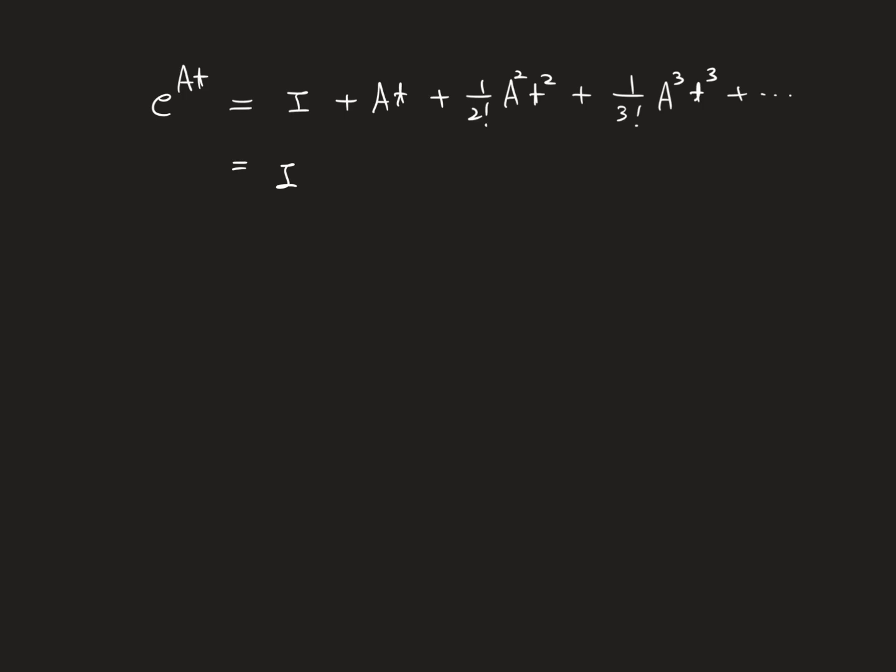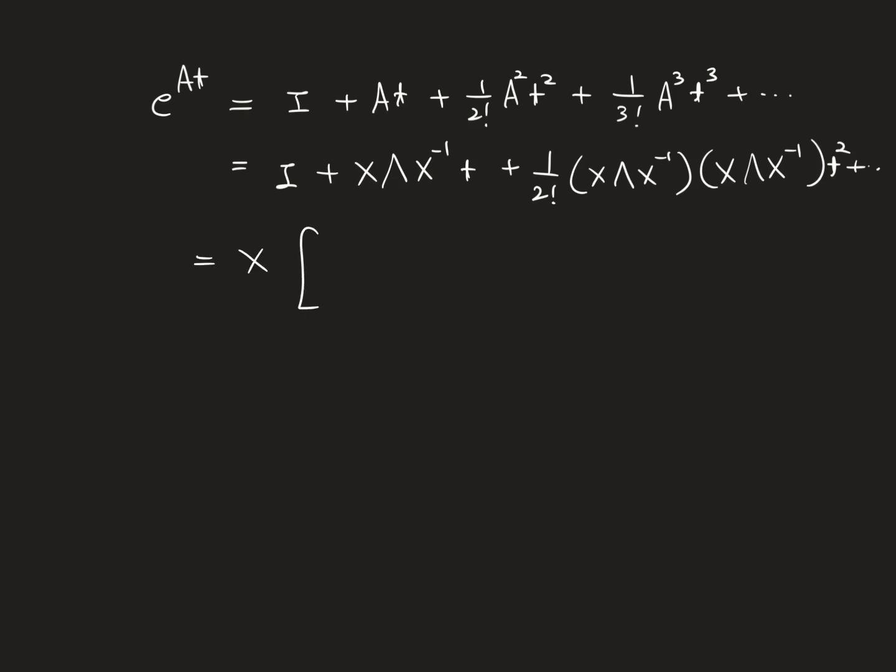If we have the eigen decomposition, this is I plus X lambda X inverse t plus 1 over 2 factorial X lambda X inverse times X lambda X inverse t squared, and so on.